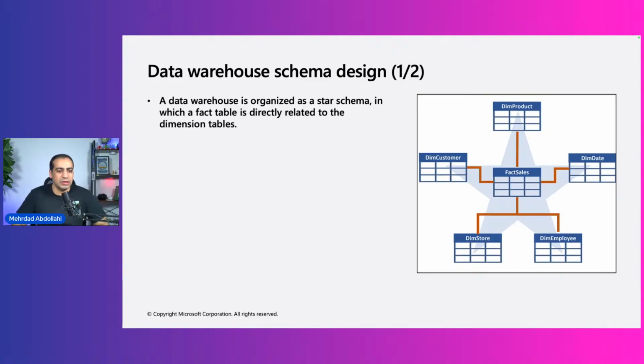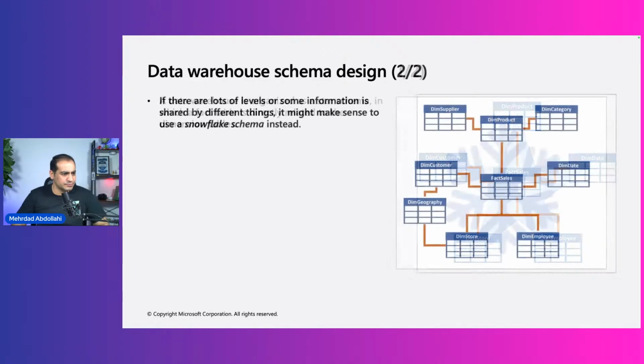The first one is star schema, where you have the fact table and only one layer of the tables that are connected to this fact table as dimensions.